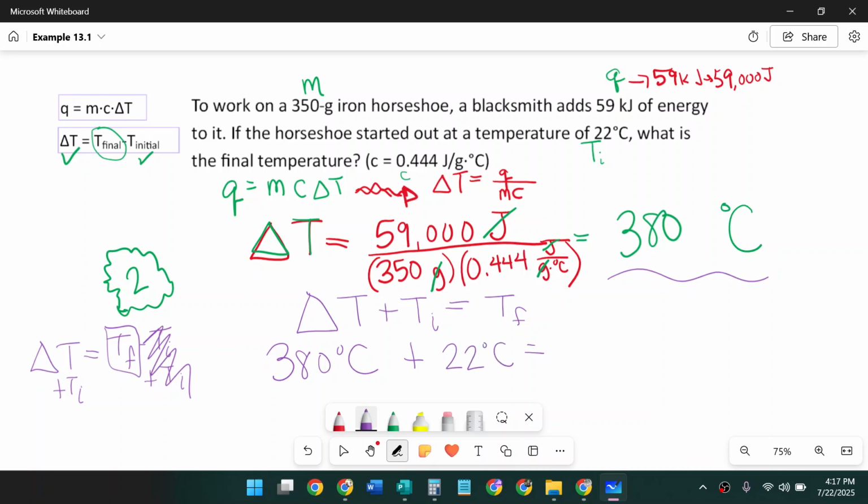Let's add those together. When we add those together, we get 402 degrees Celsius. But let's look at significant digits just to make sure that we don't need to do anything. So we have 2 and 2. Again, we have 2 significant figures, which means we can only keep these 2. The ones place has to go away. So when we round this, it would be 400.